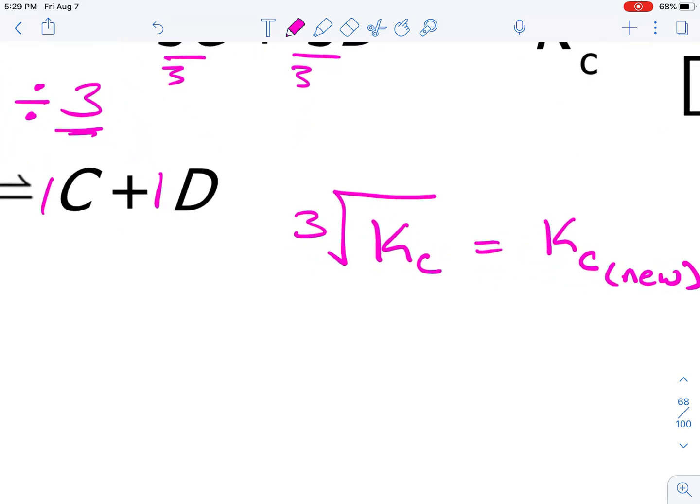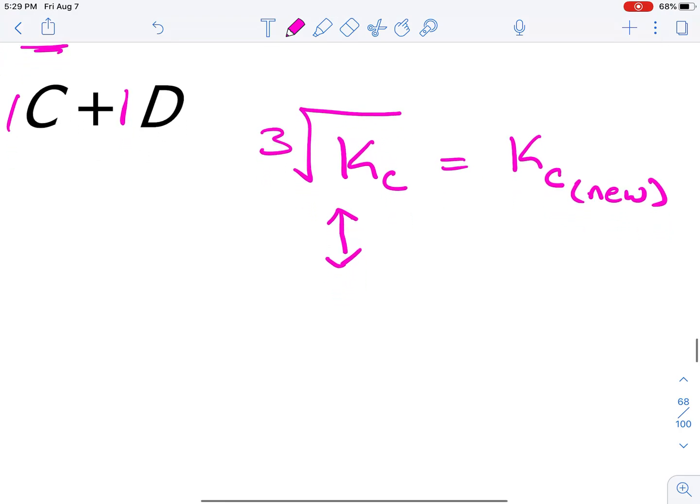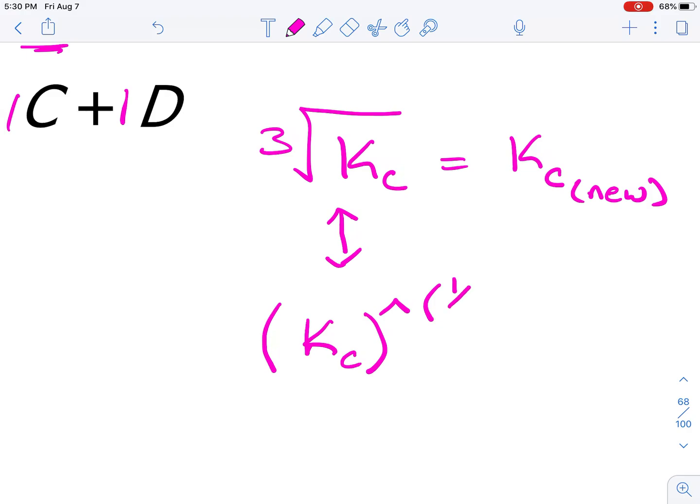Now, if you guys don't have this function in your calculator, another way that you guys can represent the third root of Kc is by putting the value of Kc in parentheses, and then in your calculator use the caret sign, and then perhaps add in another parentheses and put in 1 divided by 3.